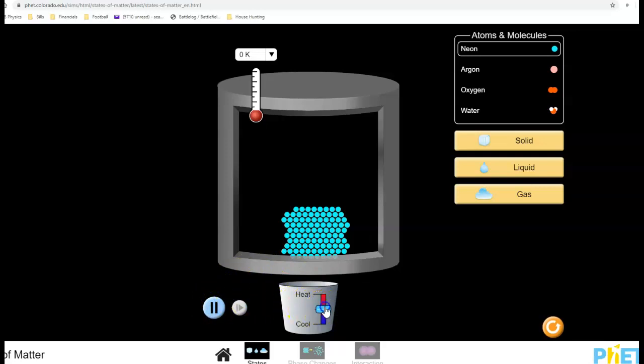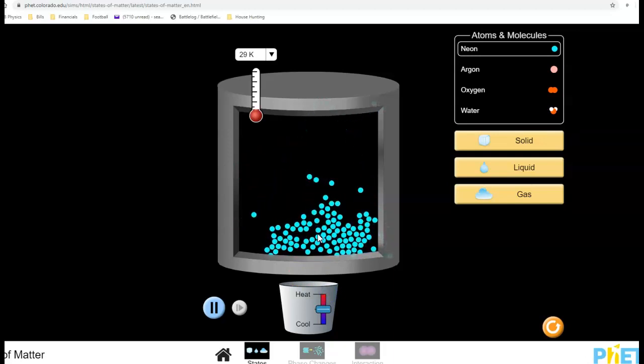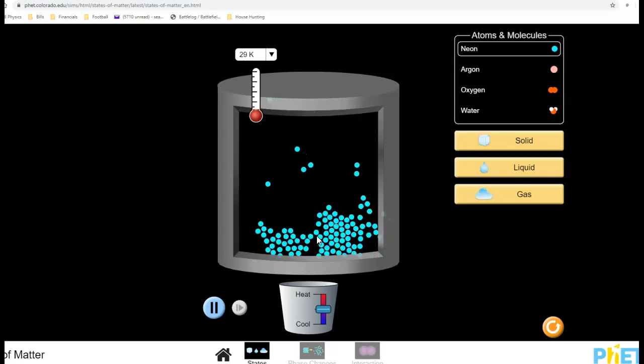Okay, so now we're going to slowly heat up the atoms. And again, ignore the fact that the whole blob bounced off the bottom there. Hopefully what you realized is that as you decrease the temperature, the motion of each individual atom slows down.